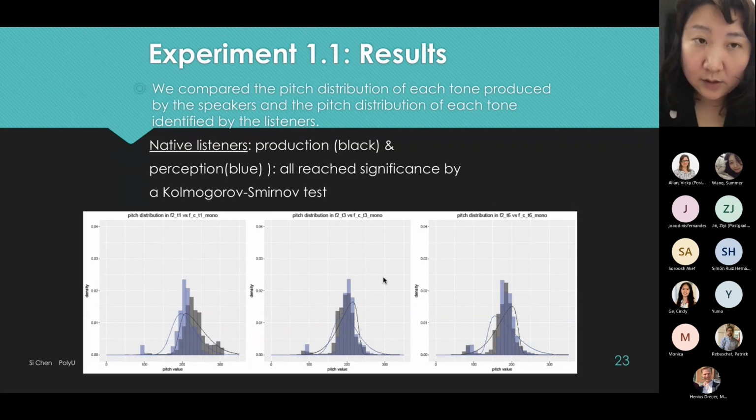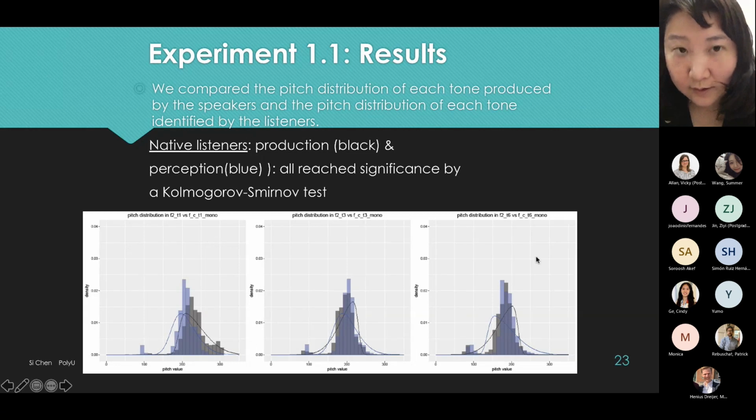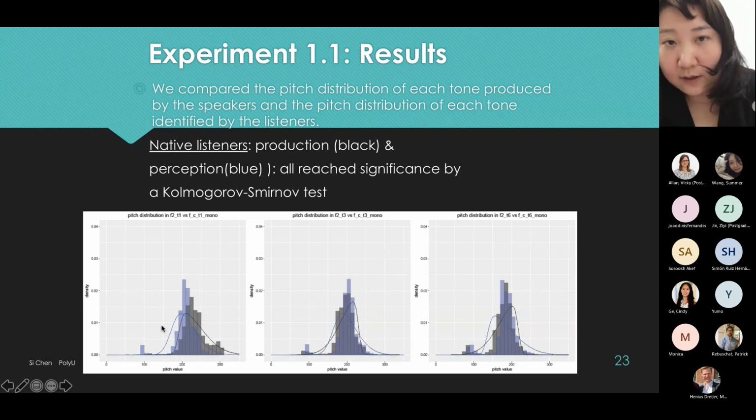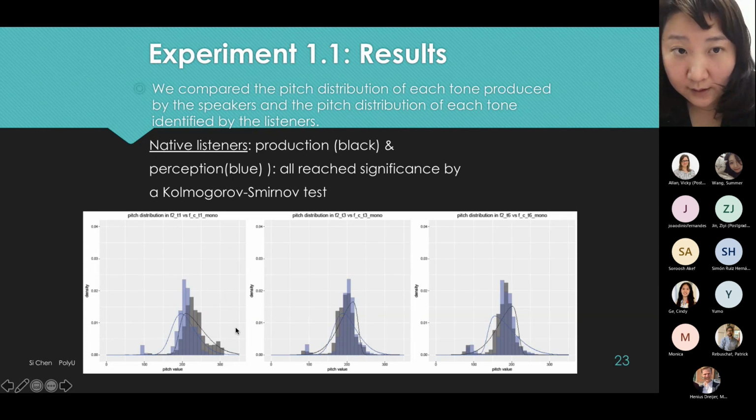In addition to testing whether they have parametric representations or not, we were also interested in comparing the tones that they identify as, say, the mid-tone versus the tones that they produce as the mid-tone.